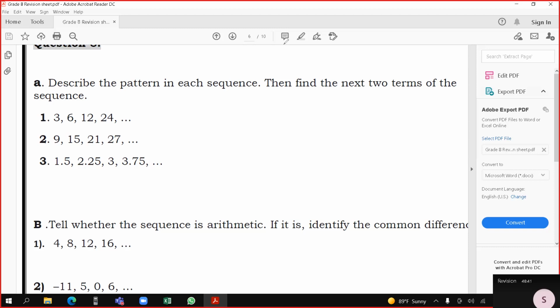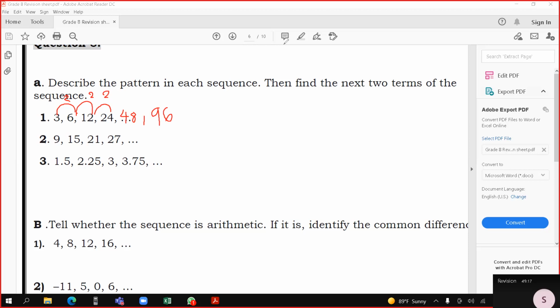I multiplied the first term by 2 in order to get the next term. Look at it: 3 times 2 is 6, 6 times 2 is 12, 12 times 2 is 24. Then 24 times 2 is 48, and 48 times 2 is 96. Bravo. Is it clear? Yes.